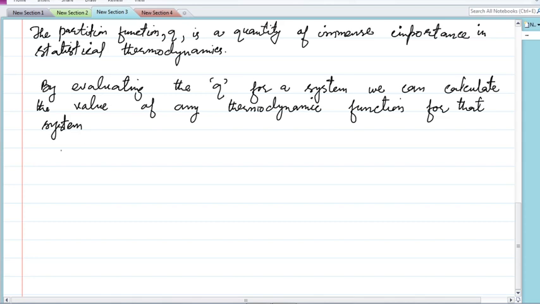Okay. Now we will see the determination of the constant beta. We will determine its value.